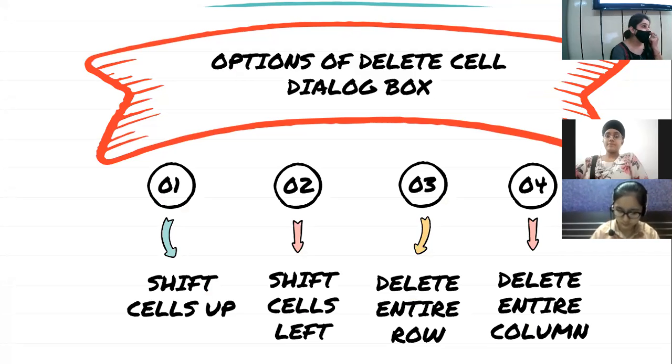Now, remember in the insert cell dialog box, the option was entire row and entire column. But in the delete cell dialog box, the option is delete entire row and delete entire column. Okay, children? Shift cells up, shift cell left, delete entire row, delete entire column. Clear?